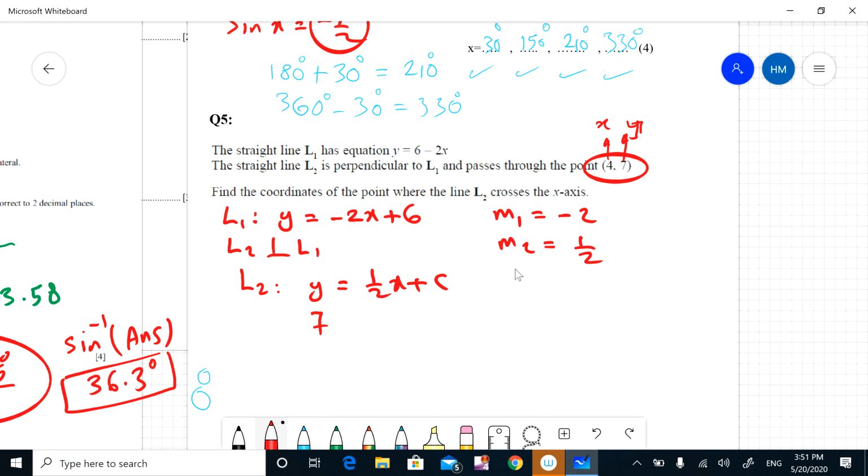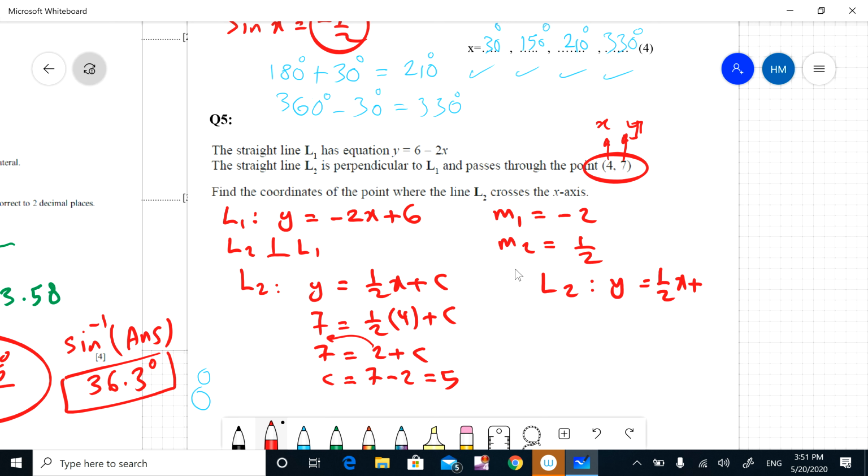So 7 equals half times 4 plus c. 7 equals 2 plus c. If you make c the subject, you put 2 to the other side, it is 7 minus 2, which is 5. So the equation of the line L2 is y equals half x plus 5. This is the equation of the line L2.